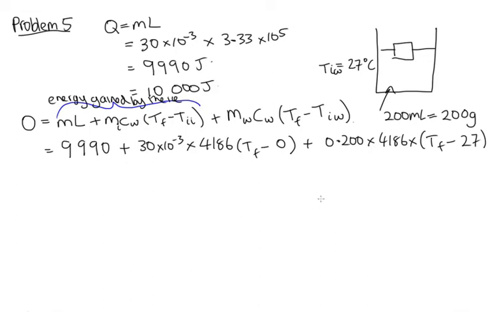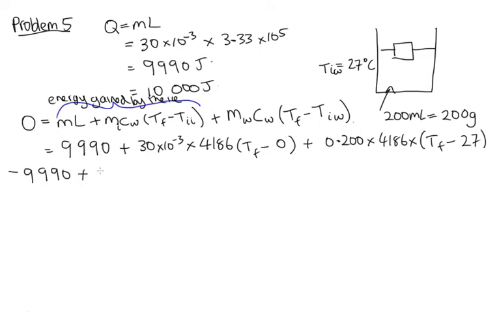Now, in order to solve this, we're going to move all the numerical terms over to the left-hand side and leave the terms with a TF on the right-hand side. So we'll move this one over, so we've got minus 9990, and now 0.2 times 4,186 times minus 27 gives us minus 22,604.